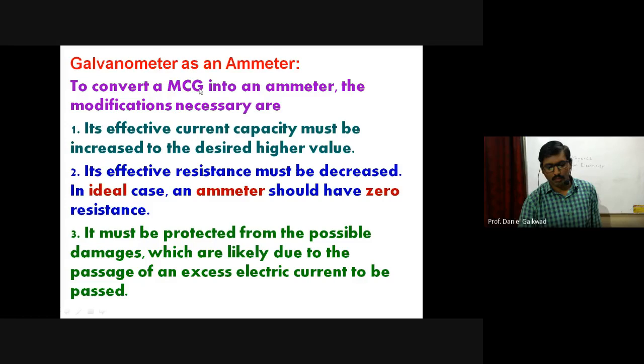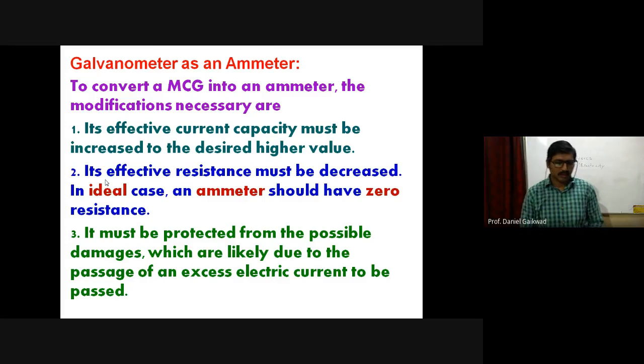To convert a moving coil galvanometer into an ammeter, the modifications necessary are: first, its effective current capacity must be increased to the desired higher value. Number two, its effective resistance must be decreased. Resistance we have to decrease.